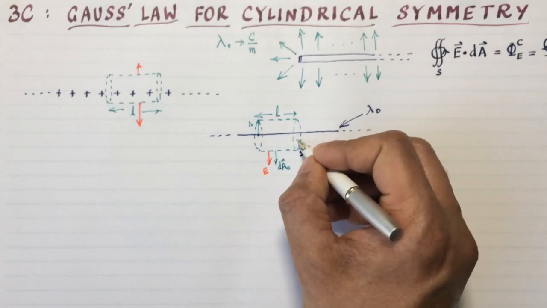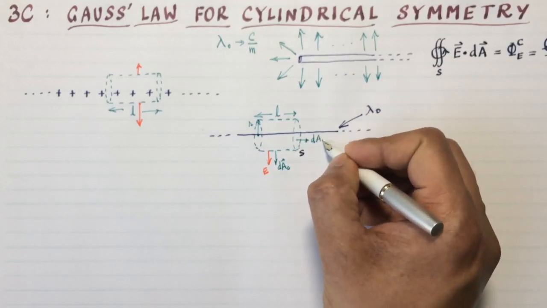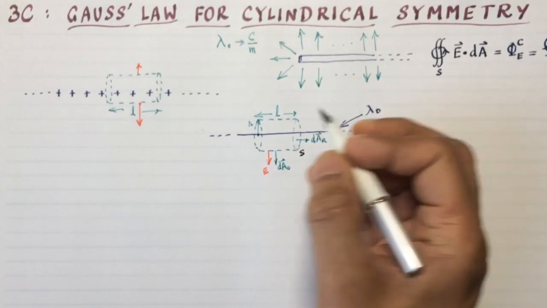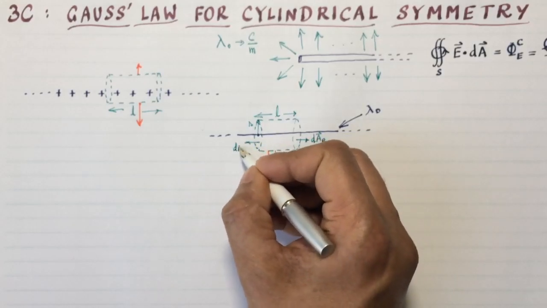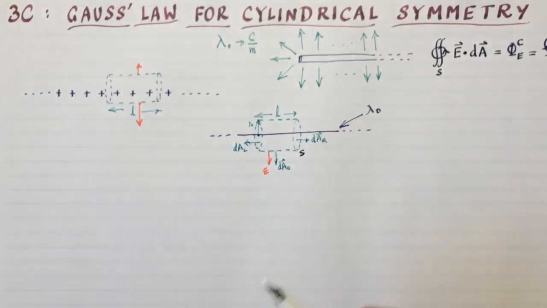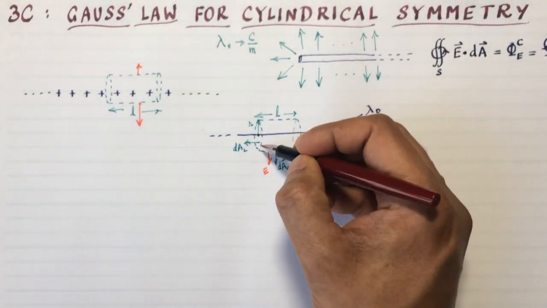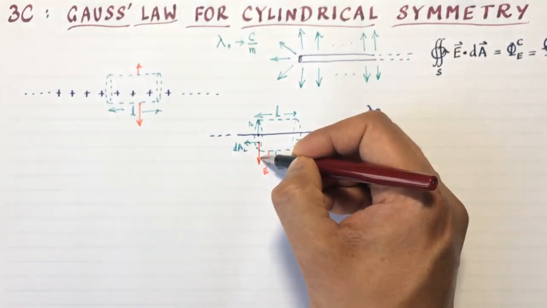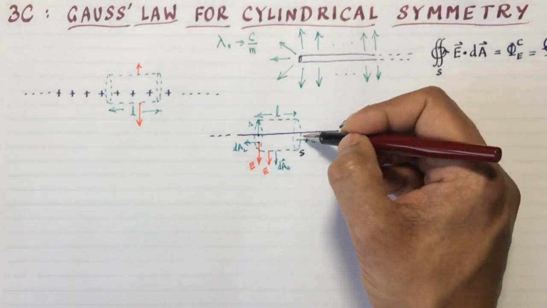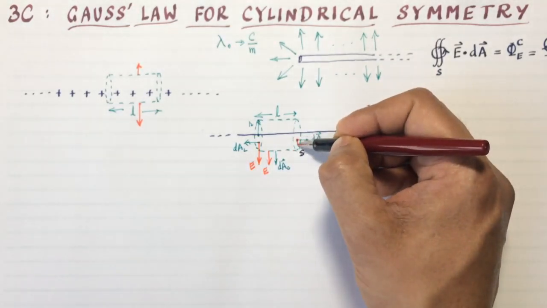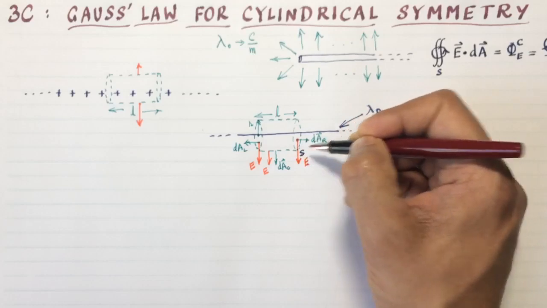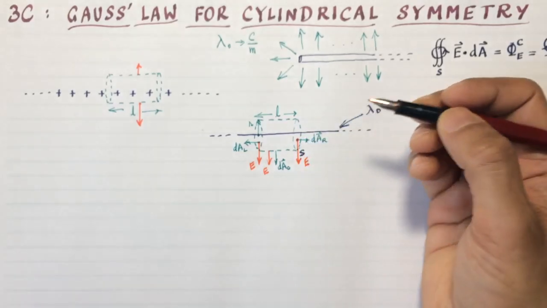On the right side, I'm going to get dA right. On the left side, dA left. Okay. The electric field vectors on the left side are going to be some bigger electric field E. On the right side, some bigger electric field because it's closer to the line.